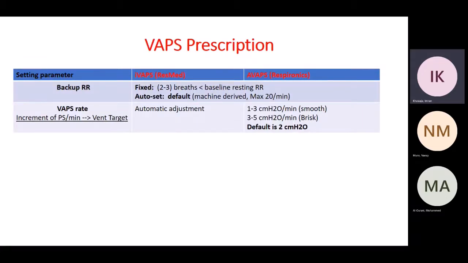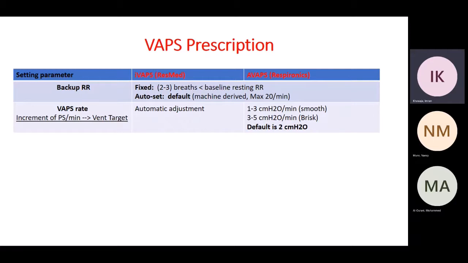If you don't choose anything, it will just go to the default, and the default is the machine will sense the patient's breathing pattern at night, and it will give the patient some kind of a backup rate, which is usually analyzing the last 10 breaths and determining the respiratory rate based on that if the patient goes apneic at night.